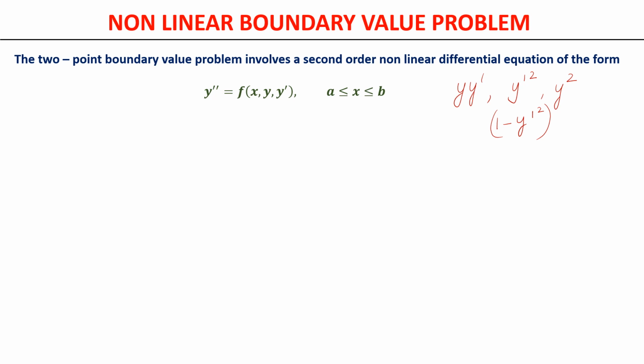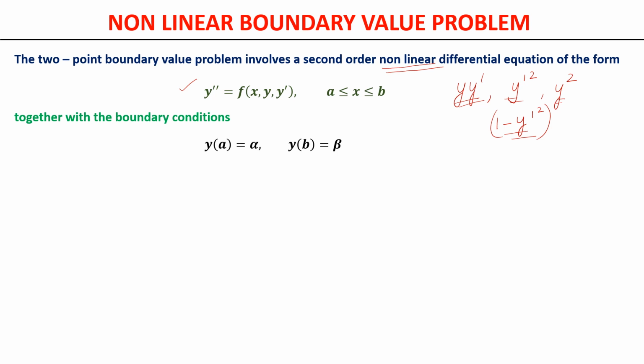If you have a differential equation where y double dash is equal to any of these kinds of terms, then we call such an equation a nonlinear differential equation. So a boundary value problem comprises a nonlinear differential equation along with certain boundary conditions.